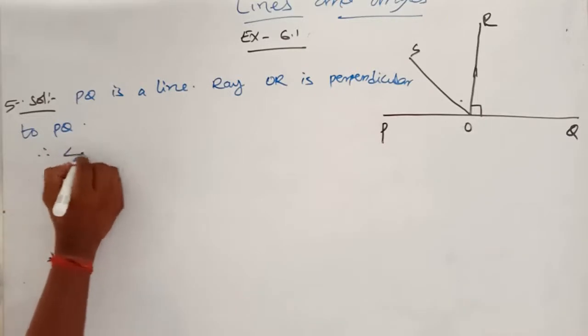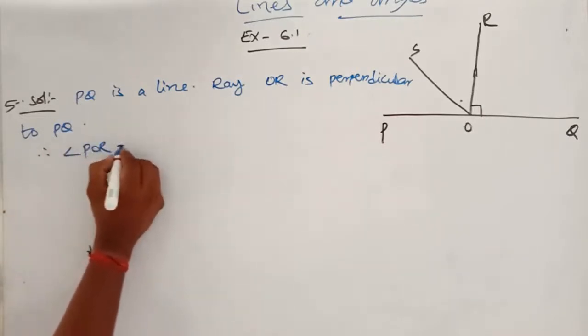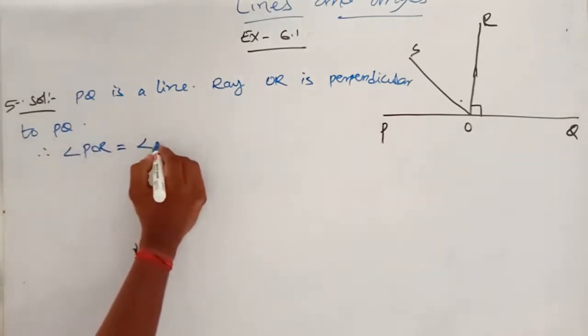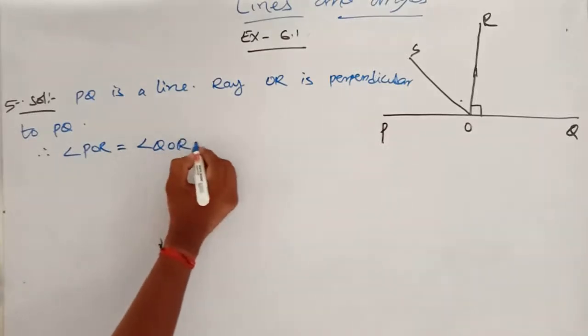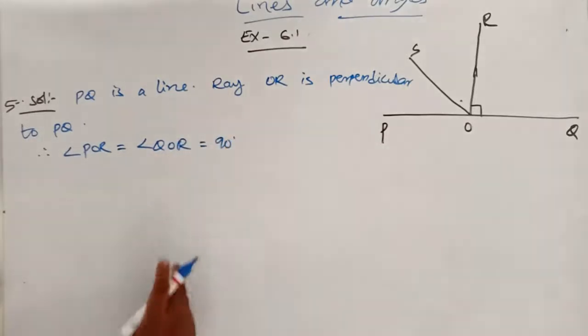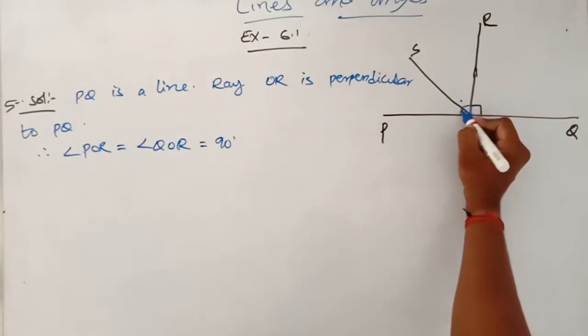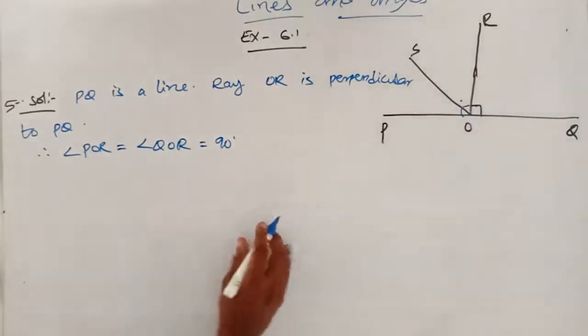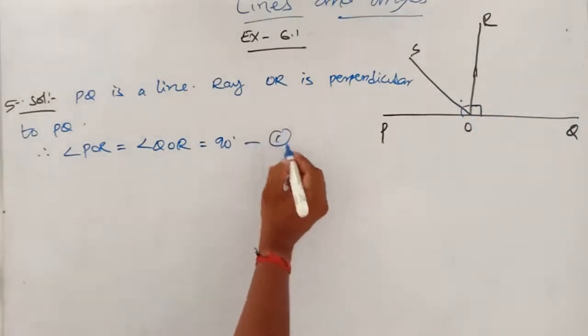Therefore, angle POR is equal to angle QOR, which is equal to 90 degrees, because OR is perpendicular, so automatically this is 90 and this is also 90 degrees. This one I am taking as the first equation.